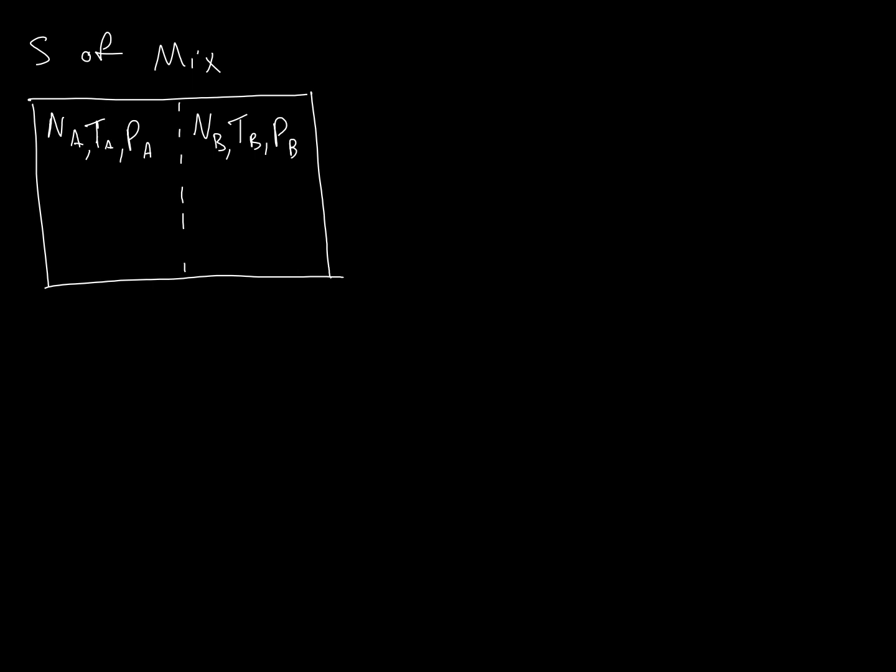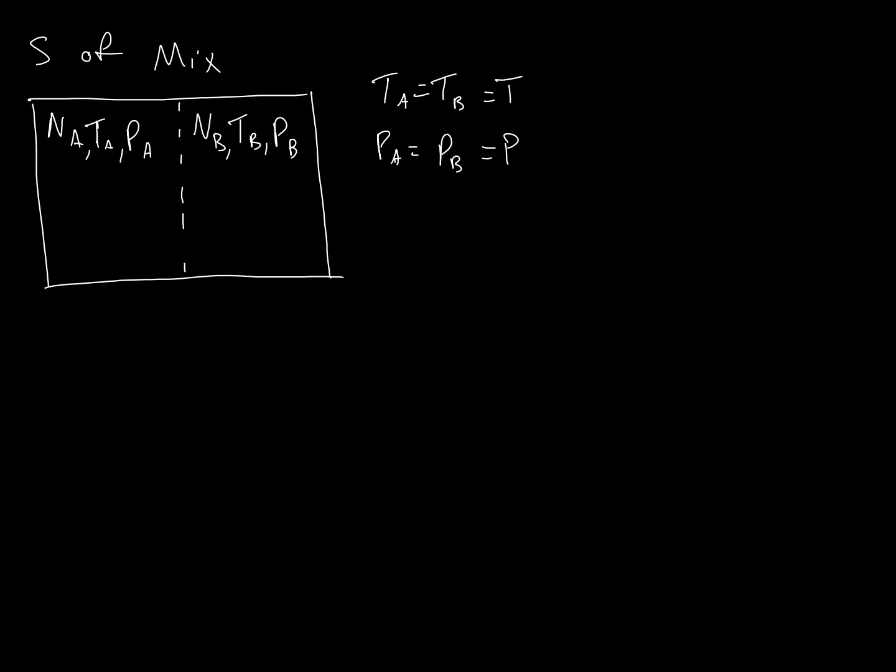To make things simpler, we're not going to be changing the temperature or the pressure, which is exactly how we've defined our partial properties. So we're going to say that T_A equals T_B equals T, P_A equals P_B equals P.